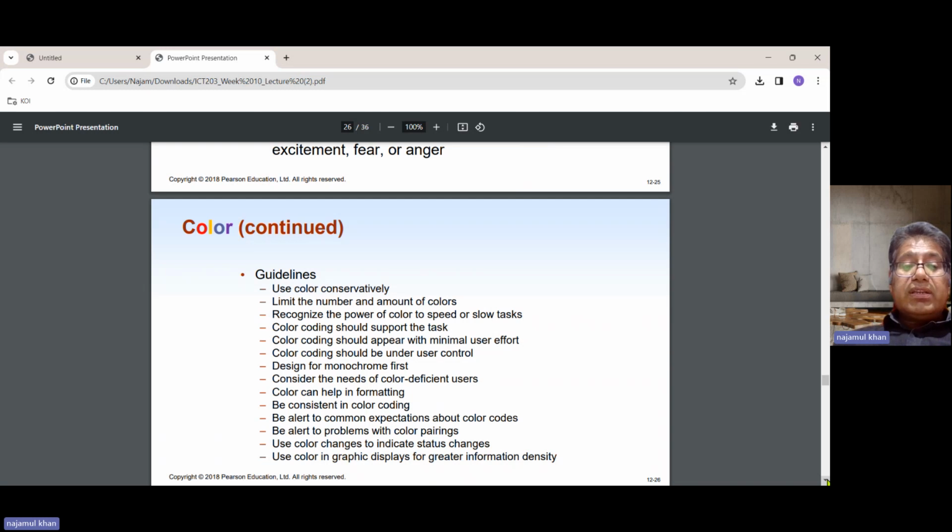Consider the needs of color deficient users. Color can help in formatting; be consistent in color coding. So there are a lot of features here, guys, which you can adopt and use to do your assignment. I will definitely say, please, when you are doing your assignment, color scheme should be an important factor. It's a vital part of your website development.